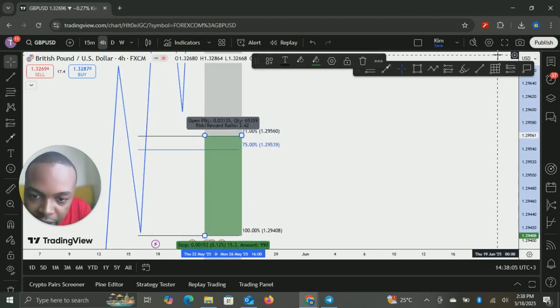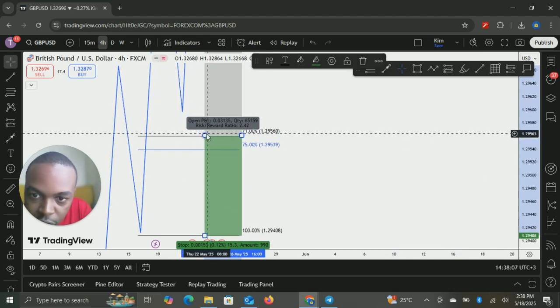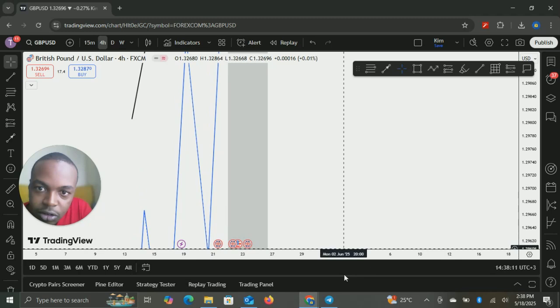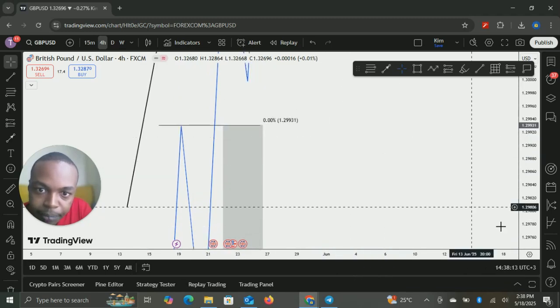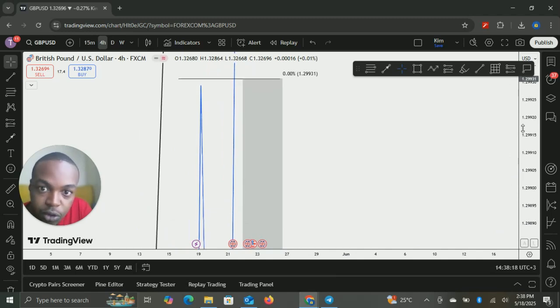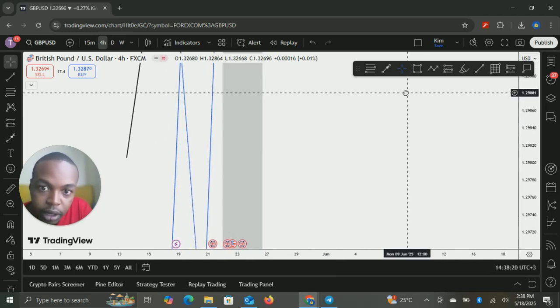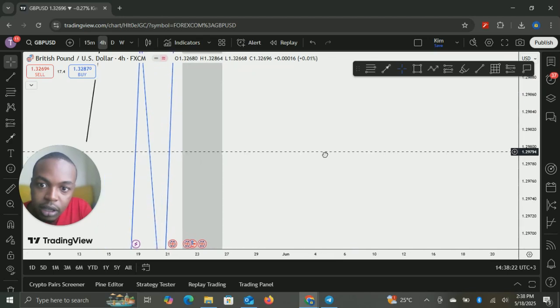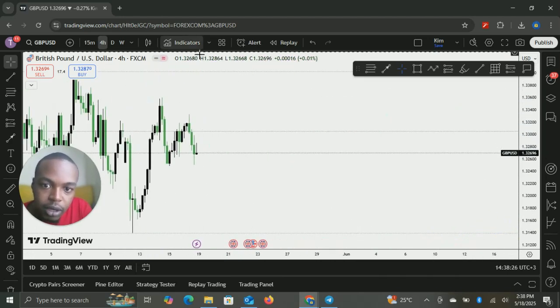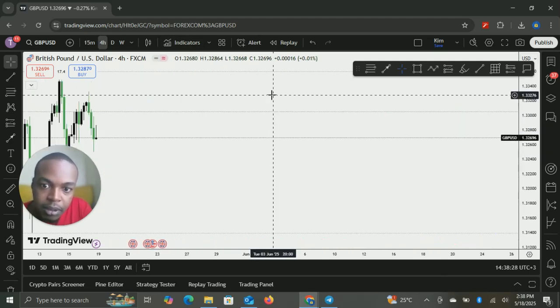I've not drawn it correctly here, so let me just draw it to the exact lines. You will get a 2.5 risk to reward ratio. This one is okay. Yes, a 2.5 risk to reward ratio. Sorry about that. Let me just go back.